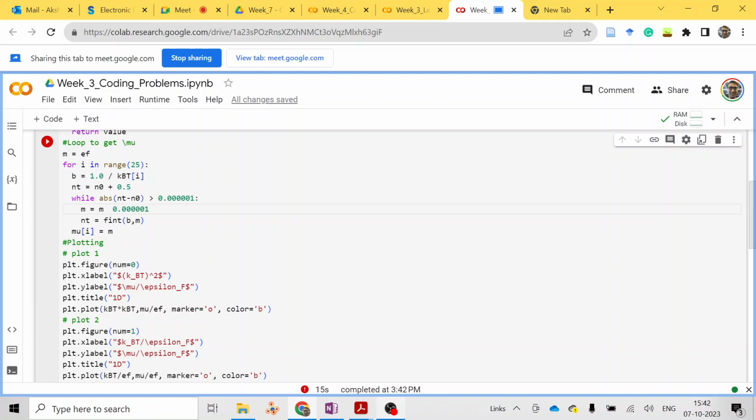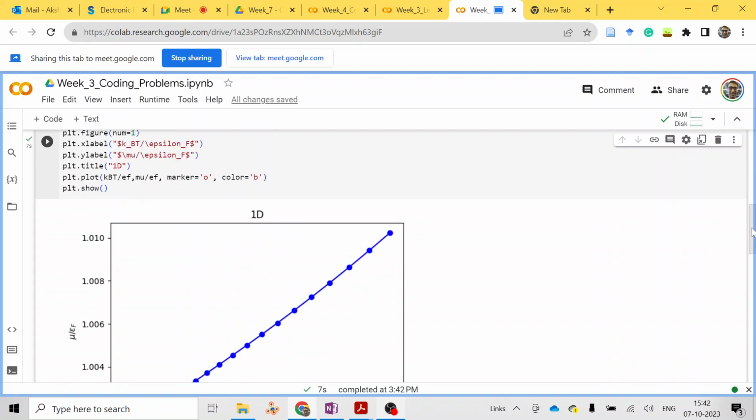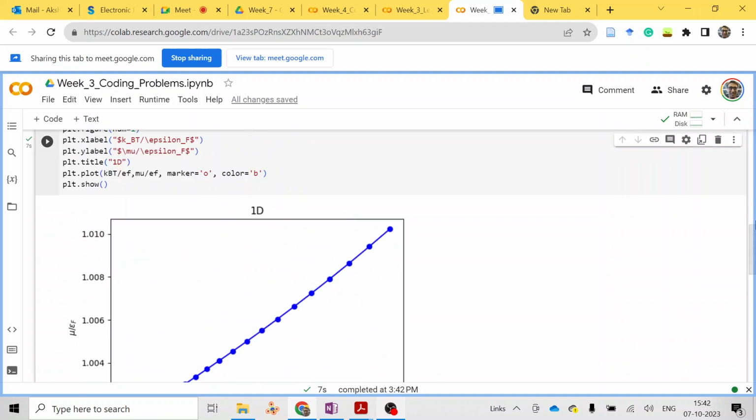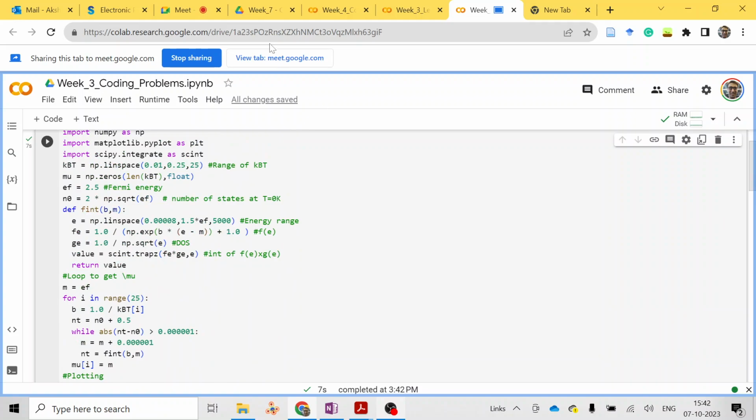The reason is we have to actually increase it, while in 3D the mu value will decrease with the increase in temperature. That's the difference between the 3-dimensional and the 1-dimensional free electron gas case. Let me just stop sharing.